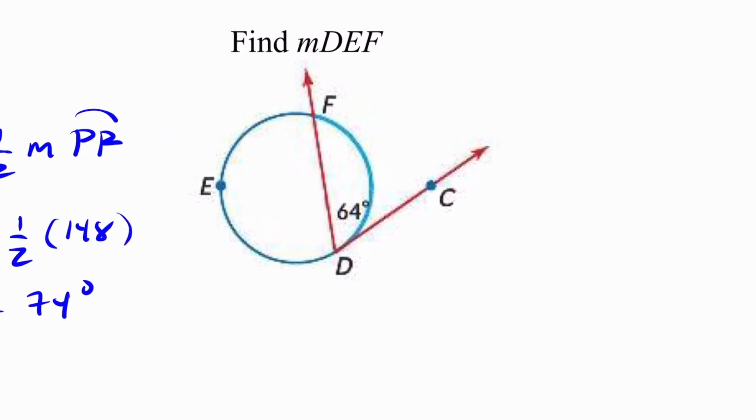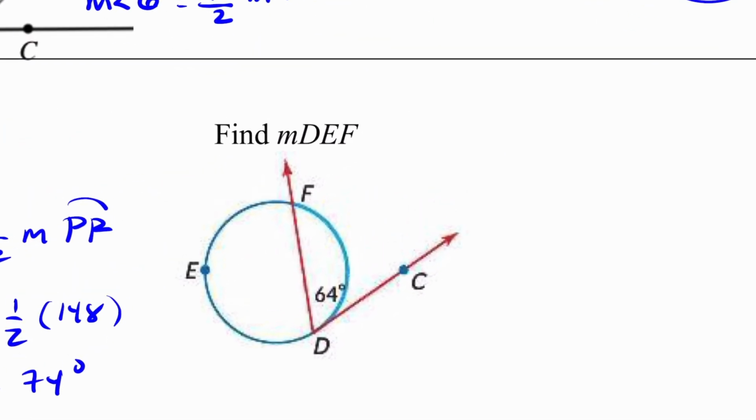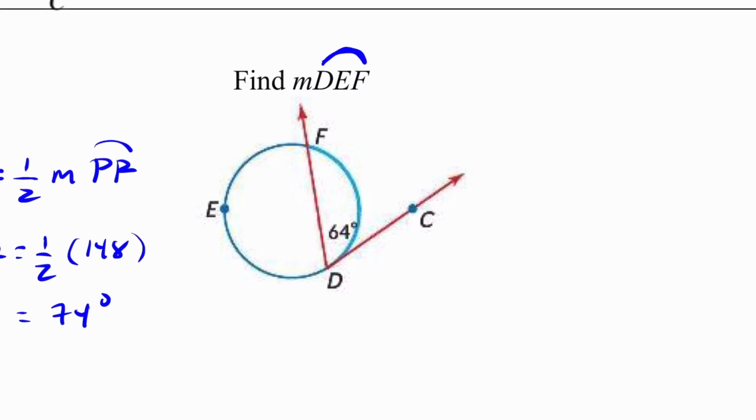Let's figure out the measure of arc DEF. I'm trying to figure out how long this arc is. This is all I have: I know that this angle here is 64 degrees.